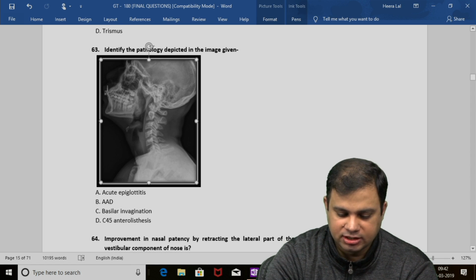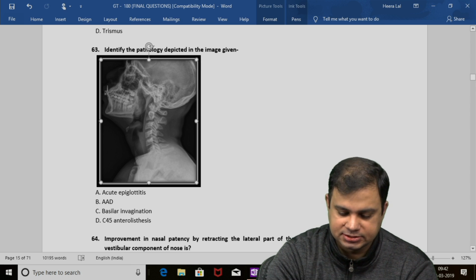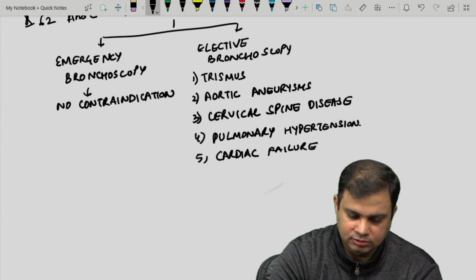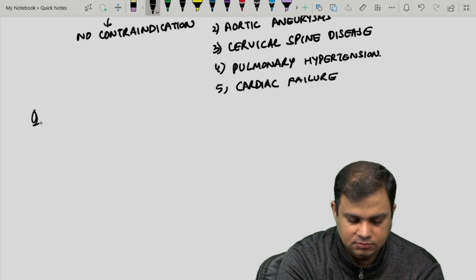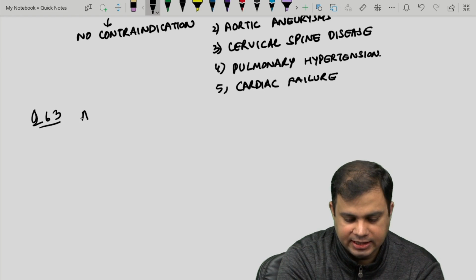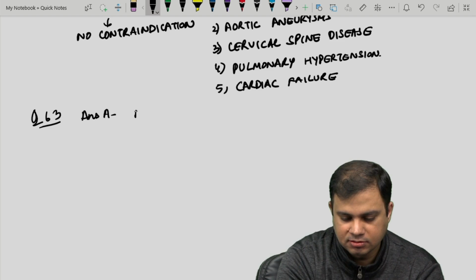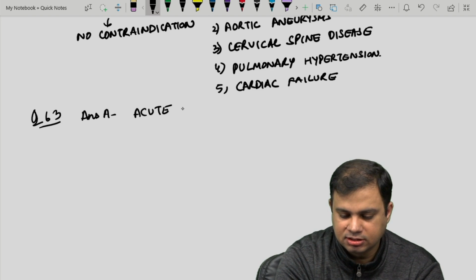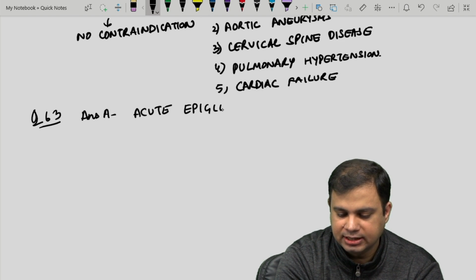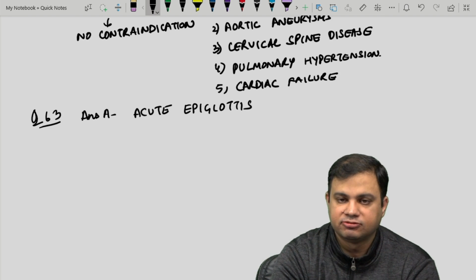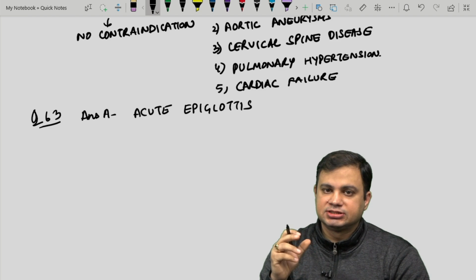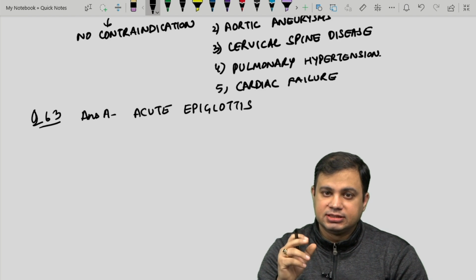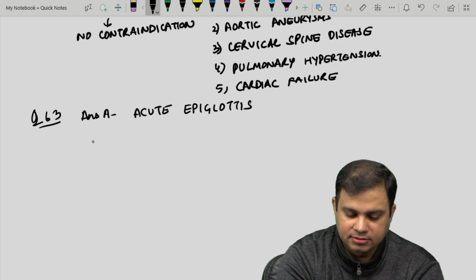So, the answer over here is acute epiglottitis. Question number 63, answer is A. Here we have not been given any of the symptoms of the patient, we are just given the radiology, and in the radiology we can see that there is a swollen epiglottis, and this is also known as thumb sign.